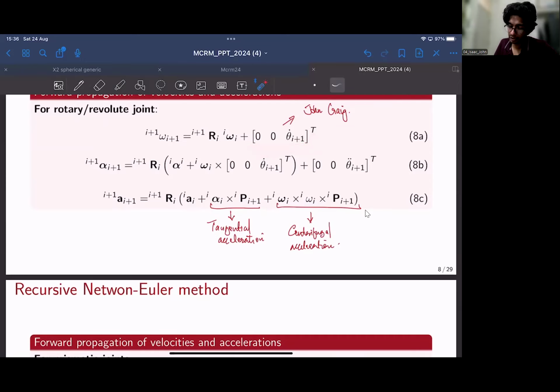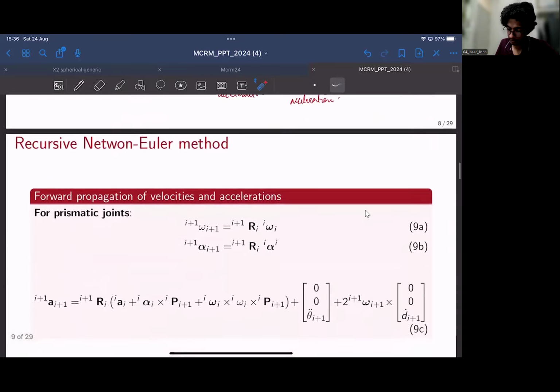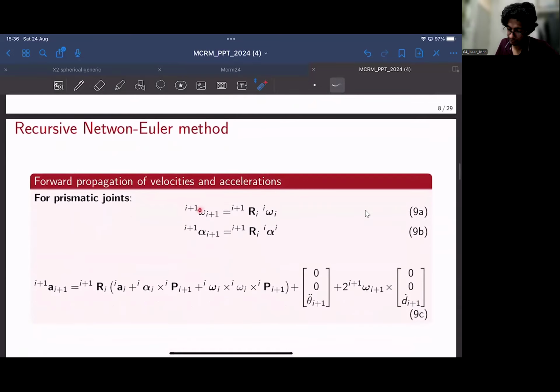So we end up with this term only. The angular velocity of the I plus 1th link is the angular velocity of the previous link, the same, but to bring everything to the I plus 1th frame, we also pre-multiply it with this rotation matrix so that it can be recursive, right?